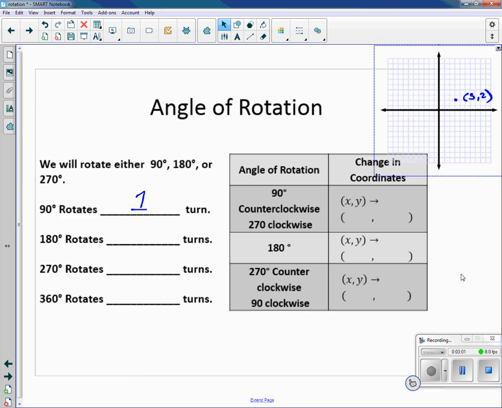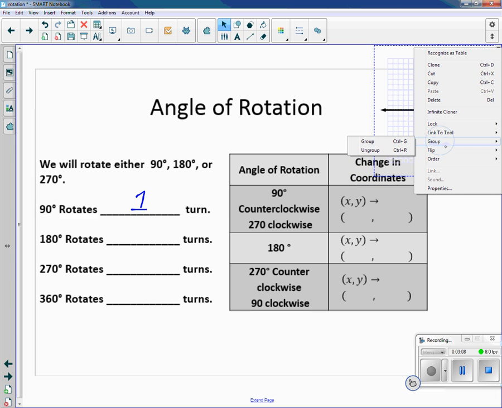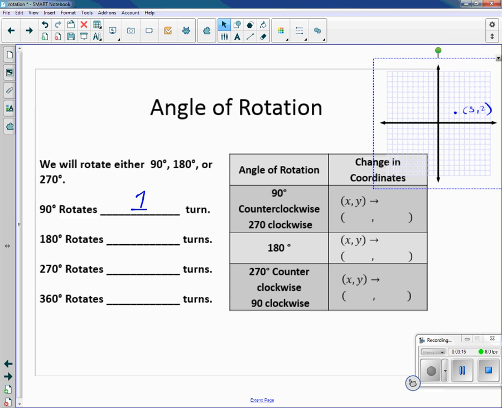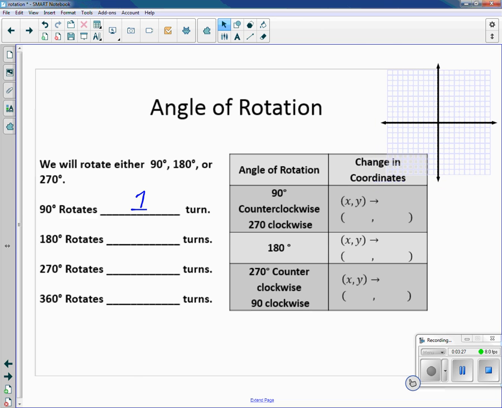Now, if I rotate it 90 degrees, one turn counterclockwise, look at what happens. That ordered pair is now at (-2, 3).